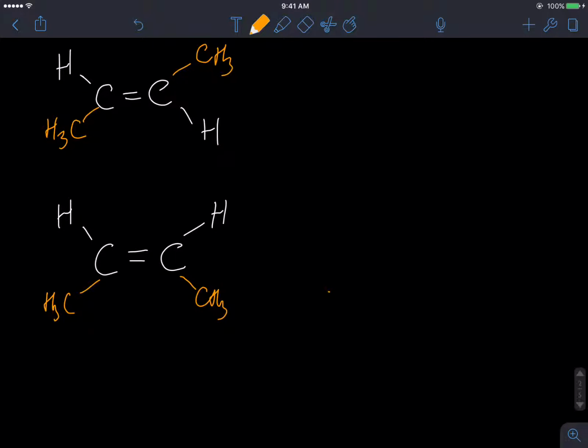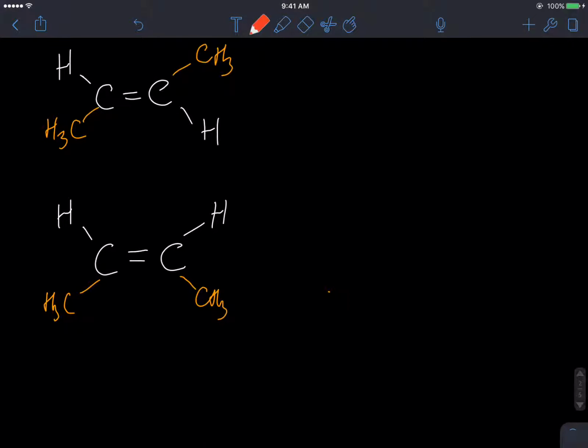Before, they look like they are the same molecules, right? But they are actually different molecules because they are two different isomers. Even though they look like the same molecule and have the same name, how do we name it?